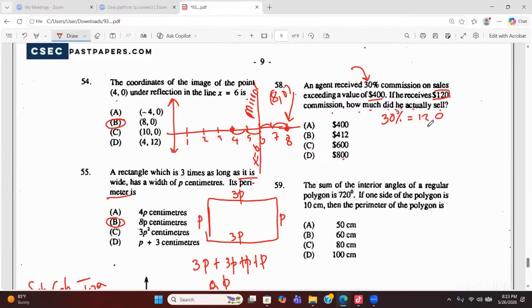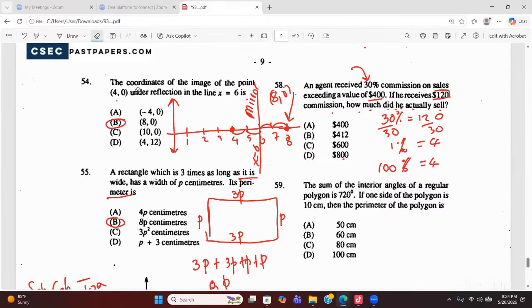Divide this by 30. You get 1% is 4. The original thing is to go back to 100 to know the actual sale. I said 40, but that's 4. So the actual sale is to multiply your 4 times the 100. So it's 400.